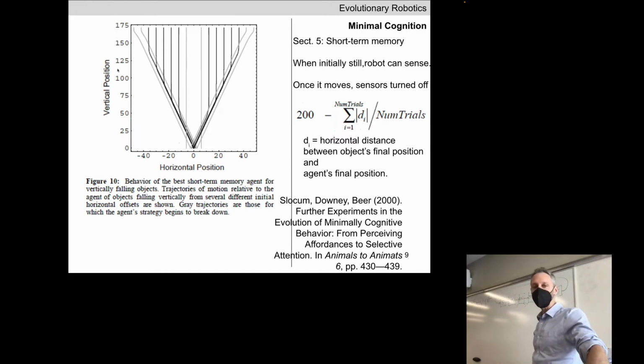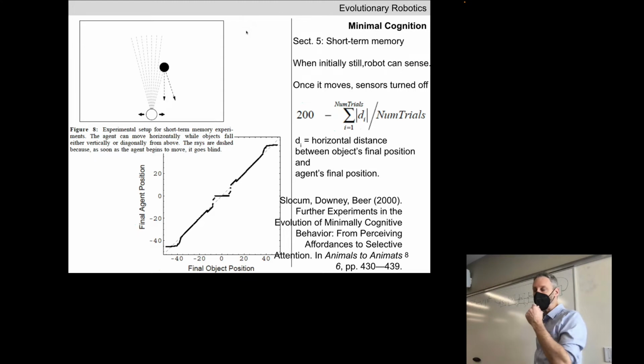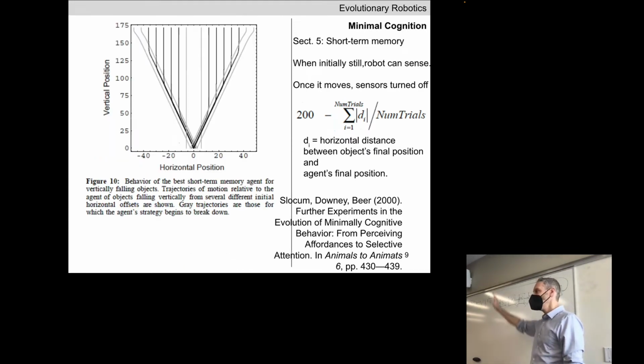Absolutely. So if you look at the 4 trajectories here, right at the top corners of the screen, and if we go back and look at the proximity sensors, it's not quite clear from this cartoon how long these beams actually are, but I think you're right. I think what's happening in these 4 cases is the object is just able to be sensed by the robot for a very brief period of time, but as the object falls very quickly, it falls outside of this sensory cone.